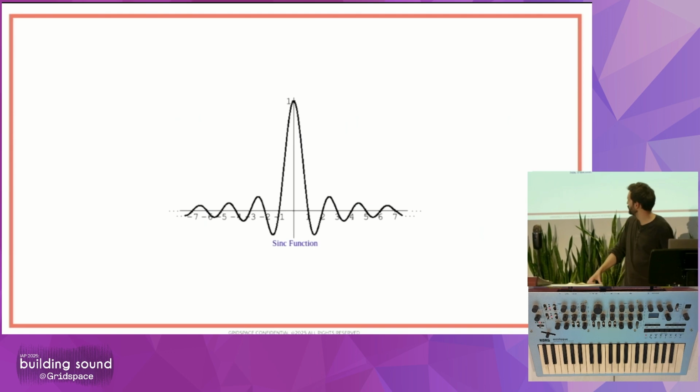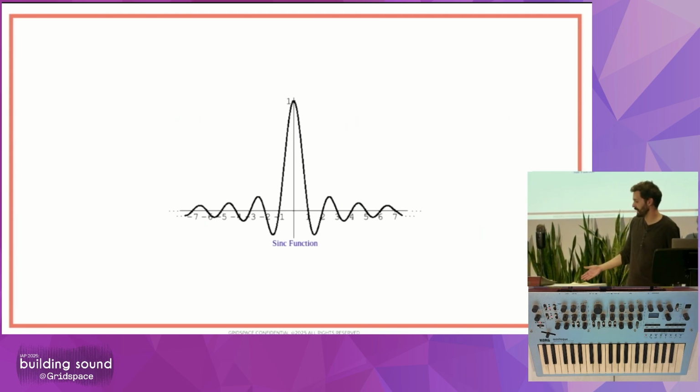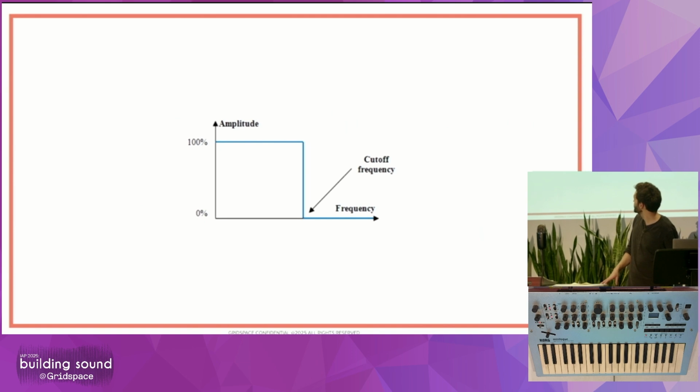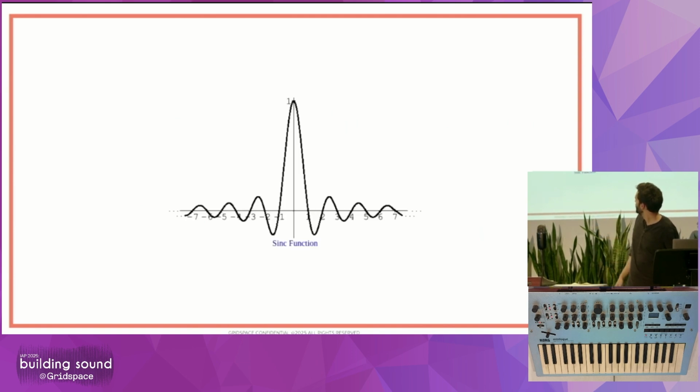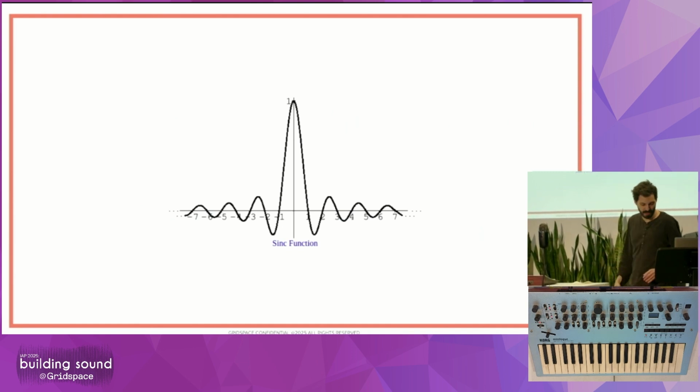If you remember, multiplication in the frequency domain is the same as convolution in the time domain. And so if you take the inverse Fourier transform of this filter, you get the sinc function. So basically, if you convolved your time domain signal with this sinc function, which goes on infinitely in both directions, then you would have a perfect low-pass filter.